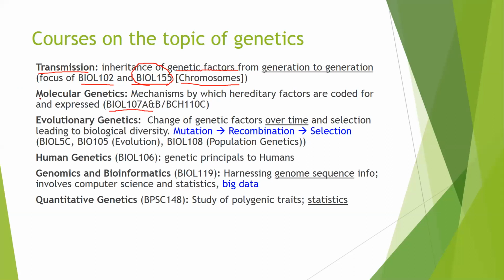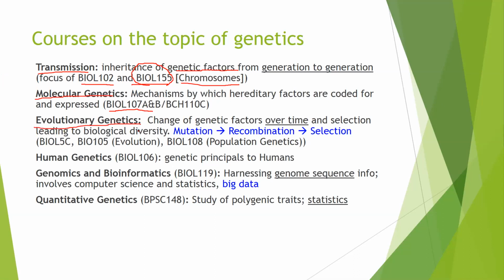It is focused on molecular genetics, the mechanisms at the molecular level, which can help you understand how the genetic factors are coded and how these genes are expressed at the molecular level. So that's molecular genetics. And also you can find evolutionary genetics.